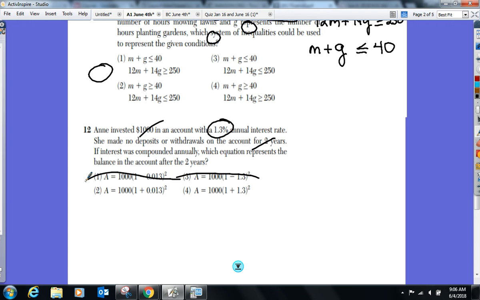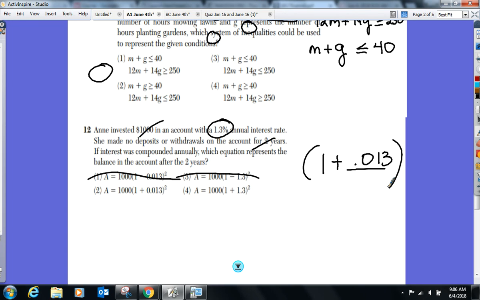What's my percent? So since it's growing, it's going to be 1 plus that rate, but as a decimal. What is it? 0.013 as a decimal, correct. And there you go. Got to put it in as a decimal.